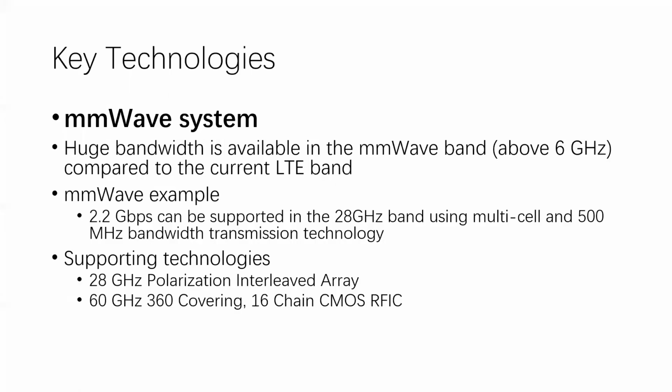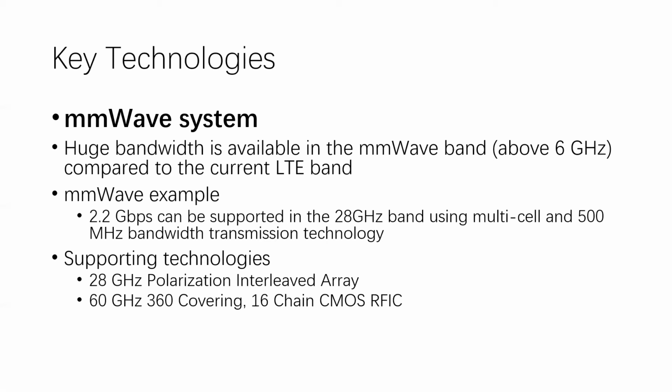Now we have millimeter wave systems. There is huge bandwidth available at these high millimeter wave frequencies, which are above 6 GHz, and compared to the current LTE band, we can gain so much more capacity.